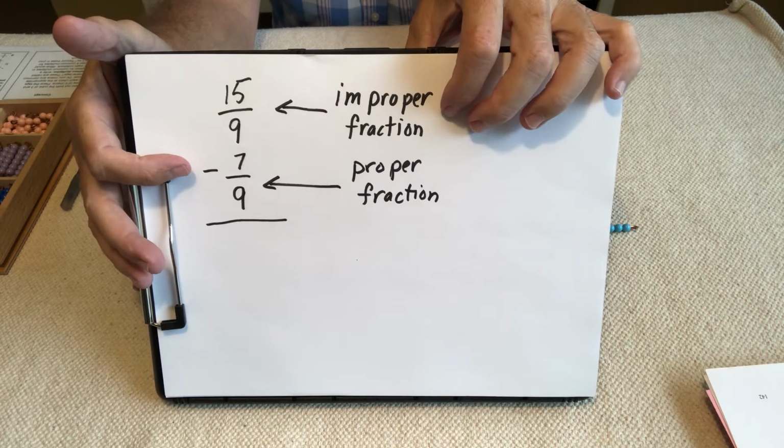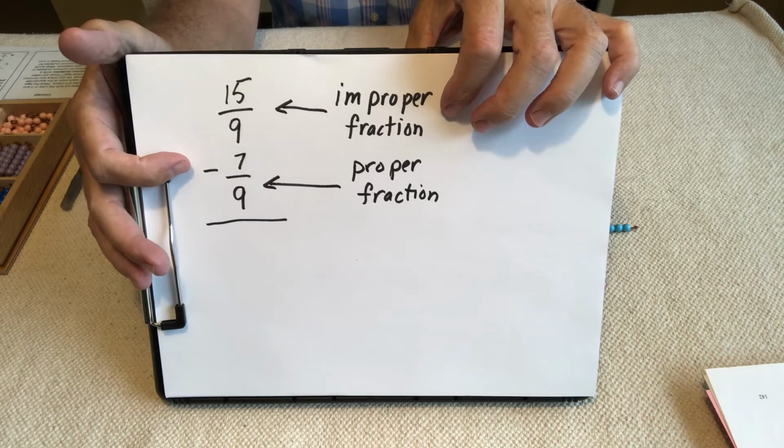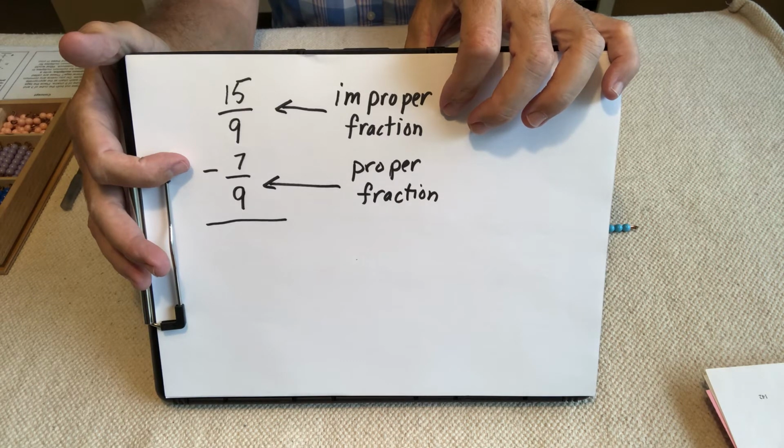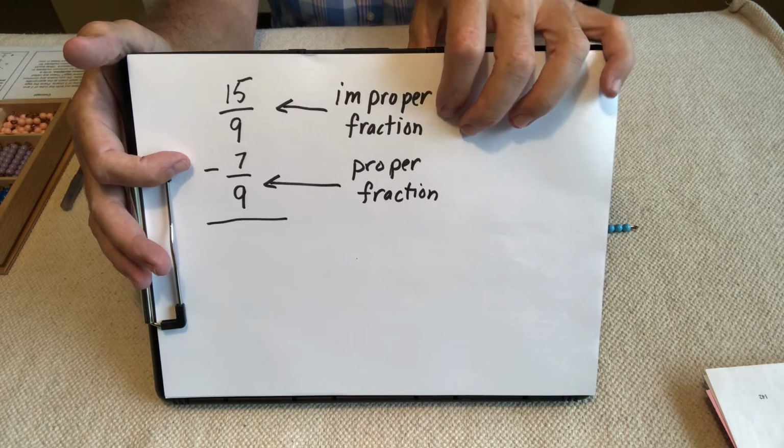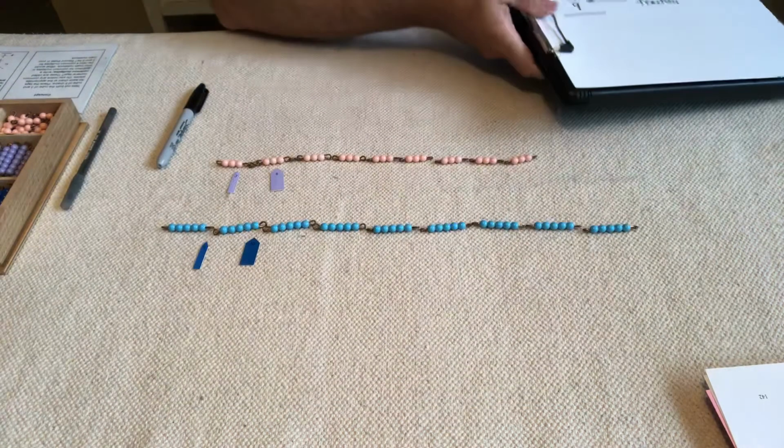That's called an improper fraction, okay? So if you do this subtraction problem, or other subtraction problems, where you end up with an answer that is improper, then you have to change it. So let's talk about how to do that.